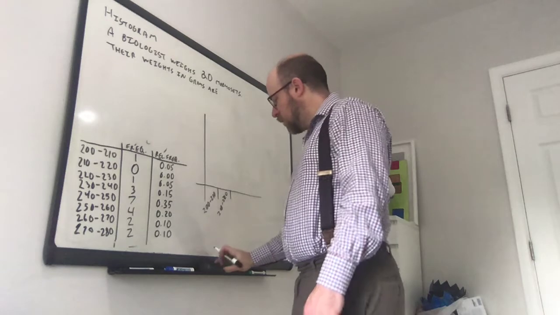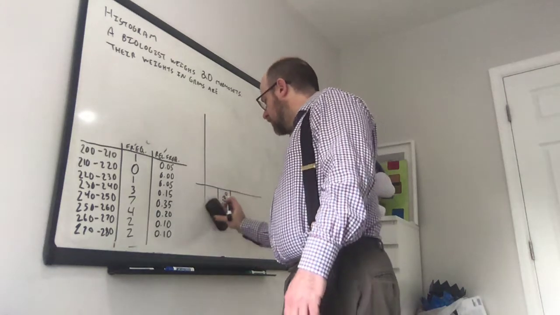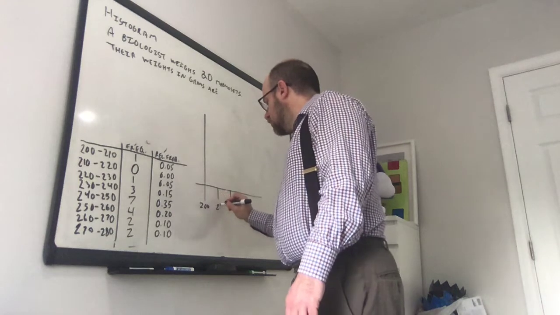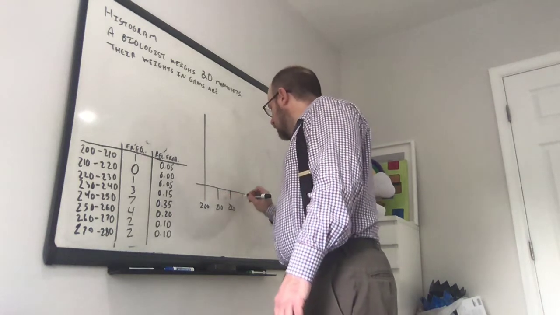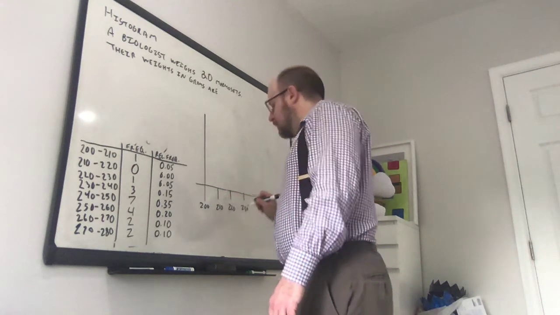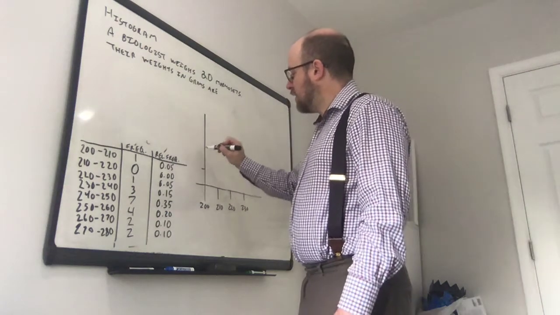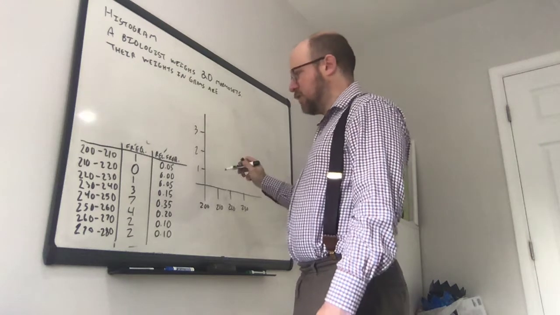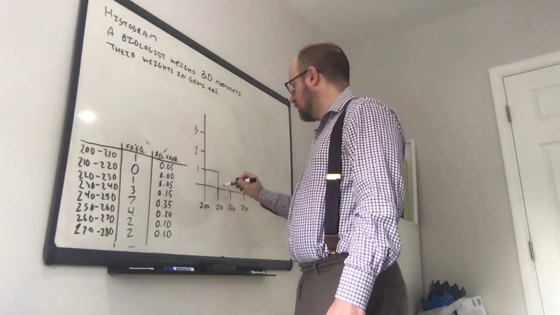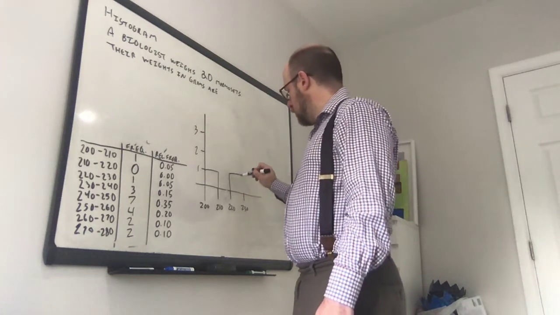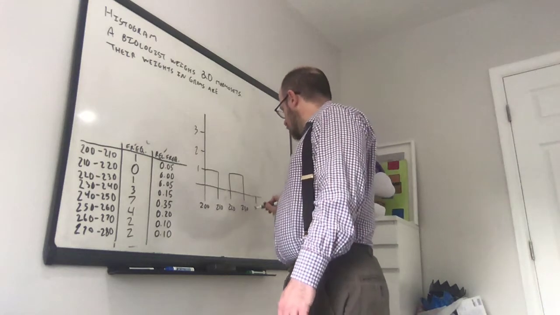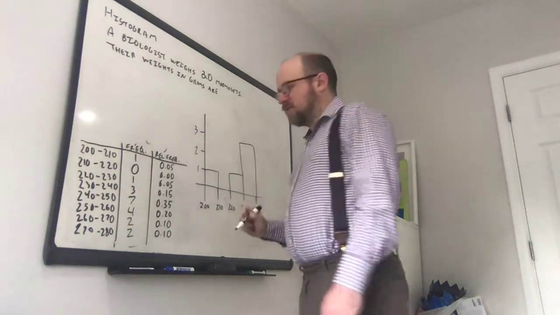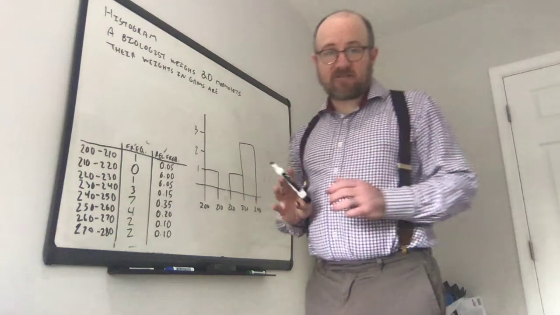And you can list them this way. You can also do something like 200, 210, 220, 230, and so on, and then put in your frequencies. 1, 0, 1, 3, and so on, and complete the rest of the bar graph from that.